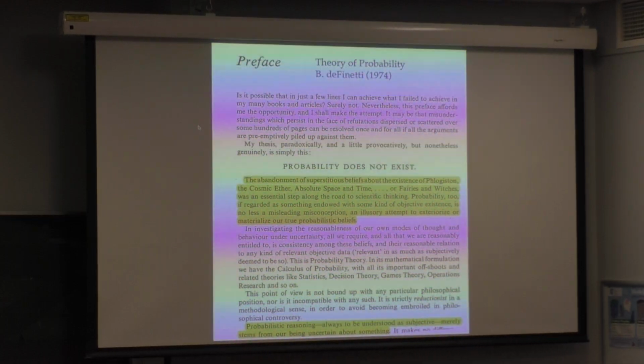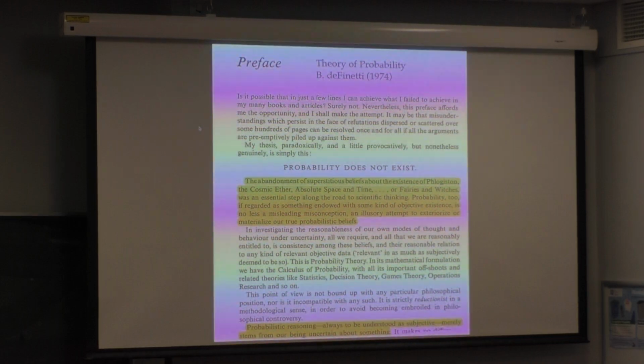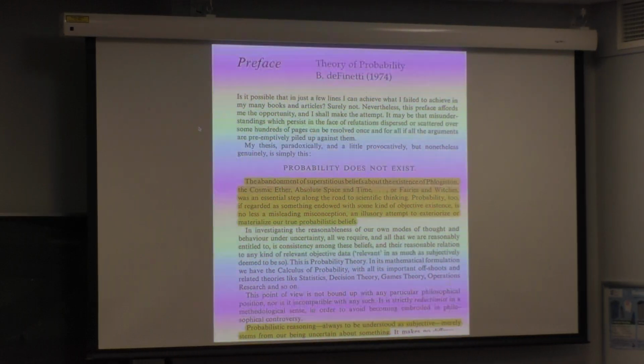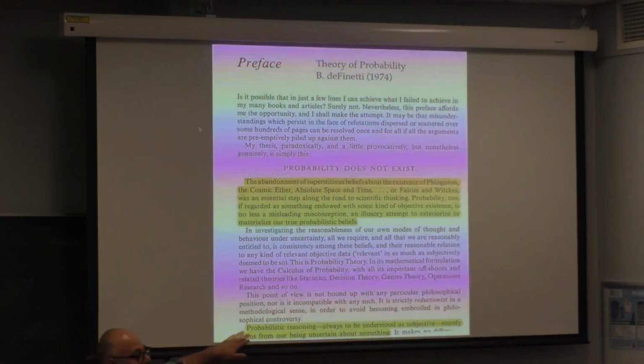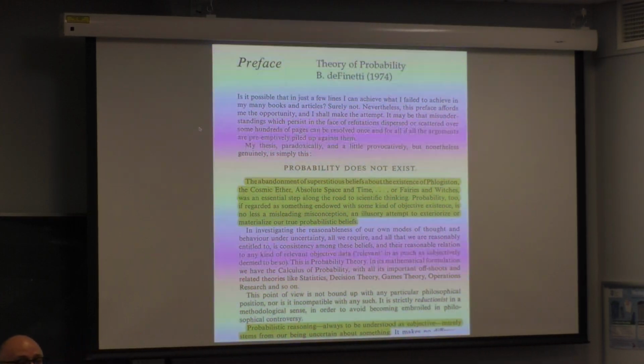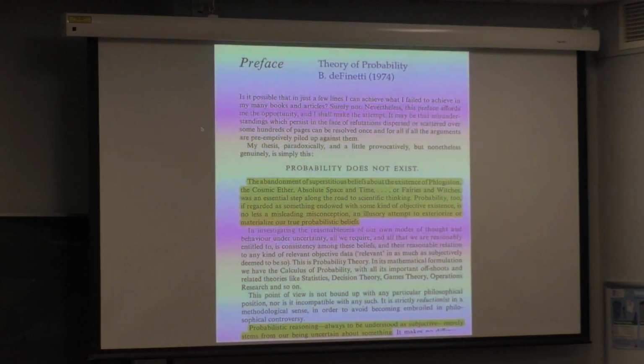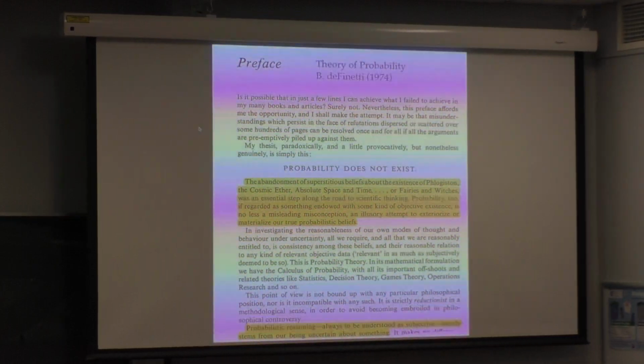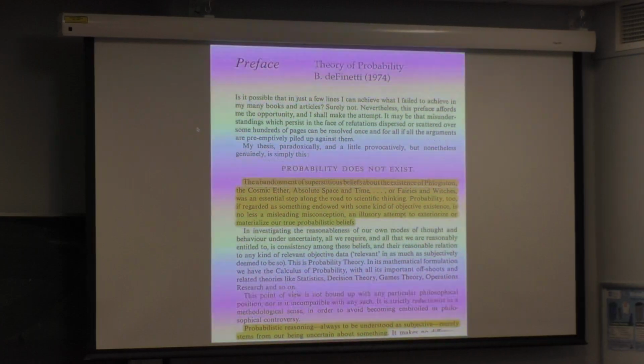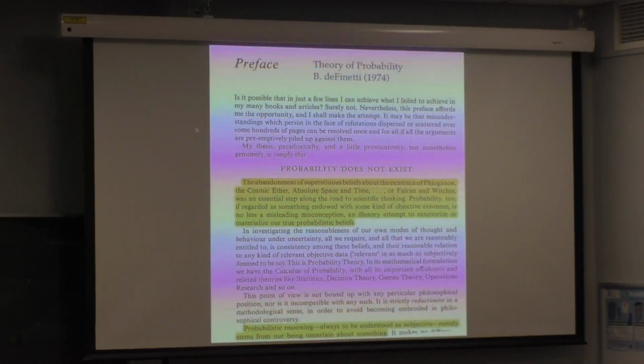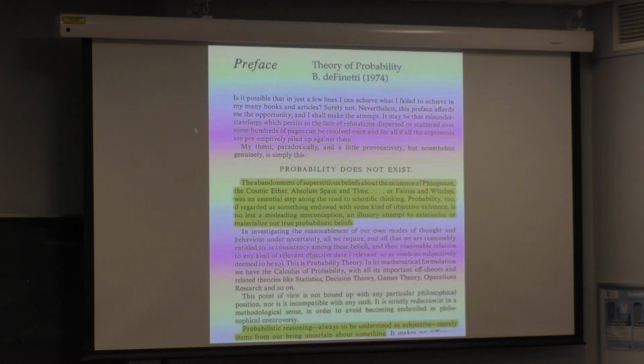If we were not uncertain about something, then we would not need statistics and we would not need probability. So our uncertainty is what should be modeled by probability and then used in statistics. Okay, any comments so far? No? Okay.